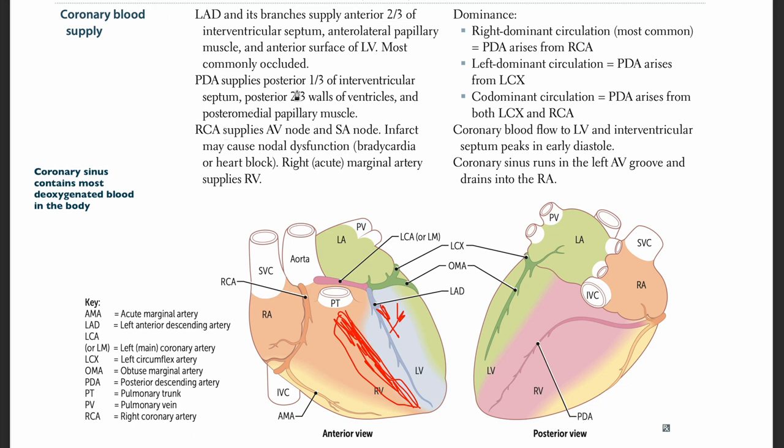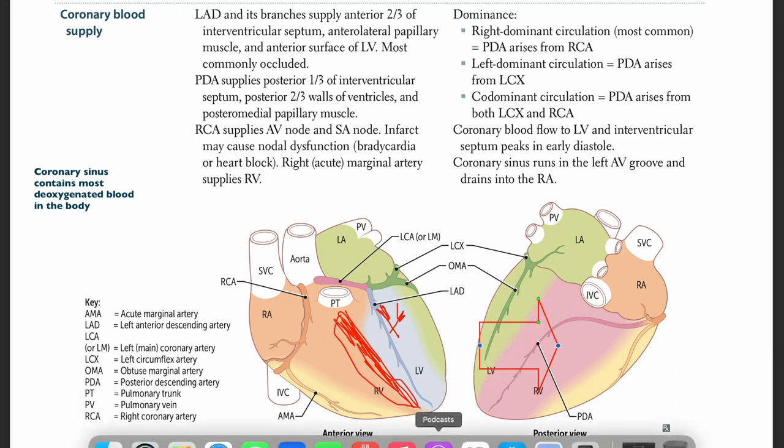So it supplies the posterior 1/3. So that's this 1/3. Okay, so now the interventricular septum is like this on this side, right? So now it's going to be the bottom part. It's going to be this bottom part right here. Or that bottom part that's not covered.